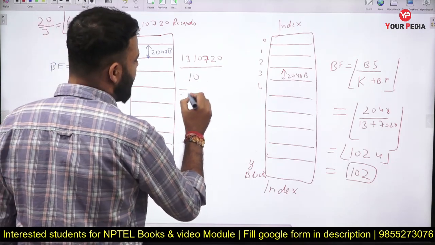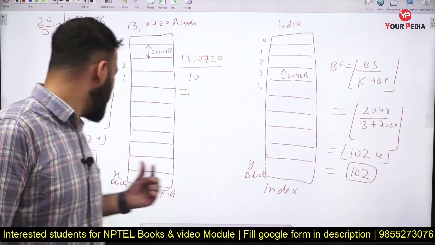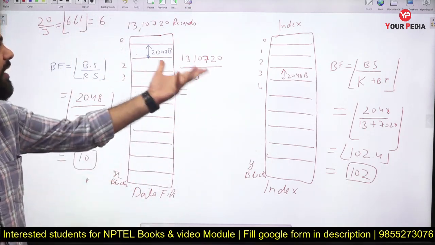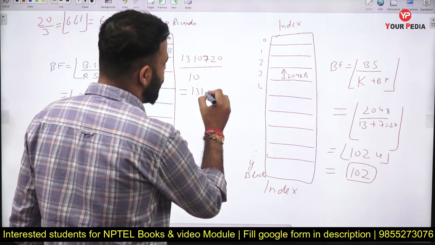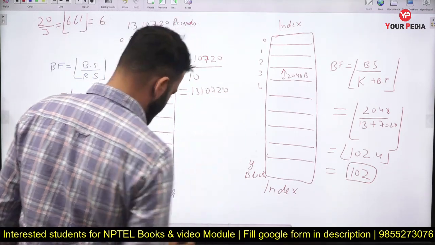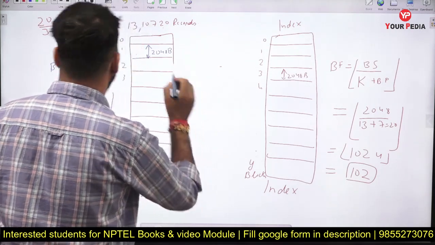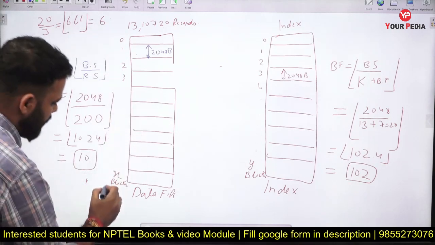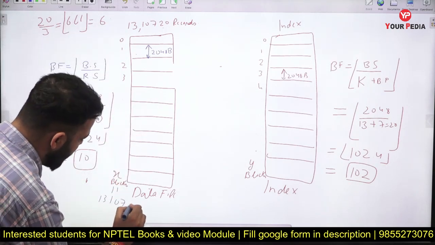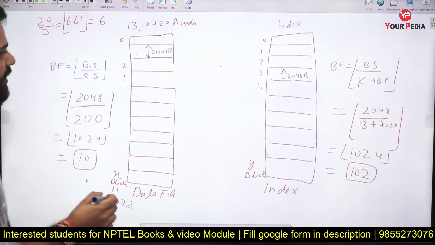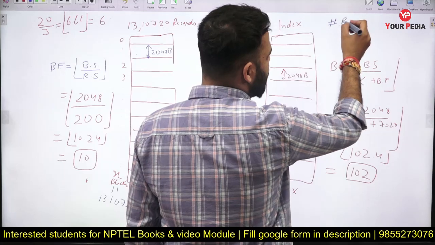It is quite simple, because if you have this number of records and each block is holding 10 records, then how many blocks you will require is 1310720 divided by 10. So we will write the number of blocks here. In fact, the blocks will be 131072.